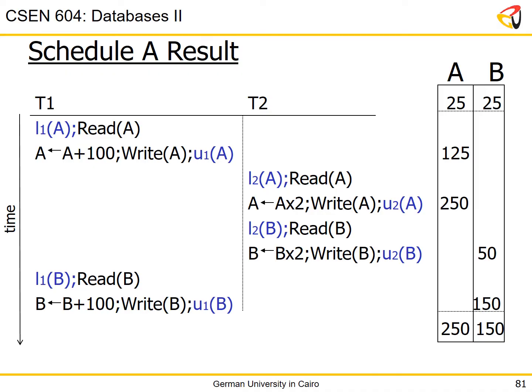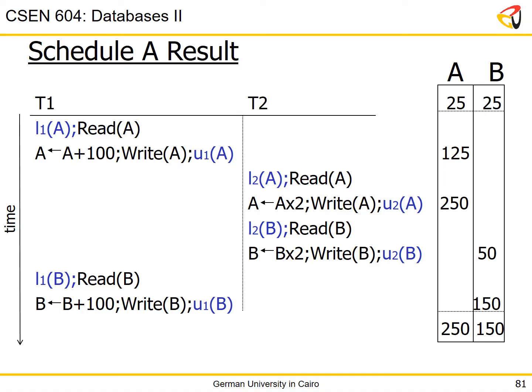The final result should either be 150 or 250, because either we add the 100 first, making the 25 a 125, and then we multiply by 2 for both of them, so it's 250, that's the serial schedule T1 followed by T2, or we do T2 followed by T1, so we're going to multiply by 2 first, so the 25 becomes a 50. So 50 and 50, and then add 100, so it becomes 150, 150. What we are seeing here is an inconsistent state of 250 and 150.